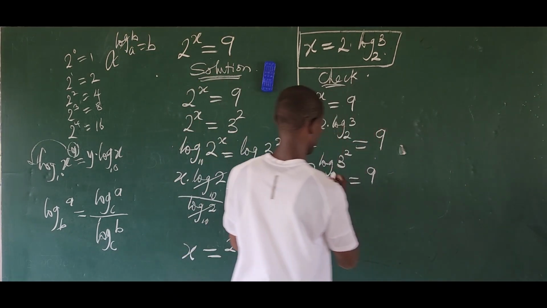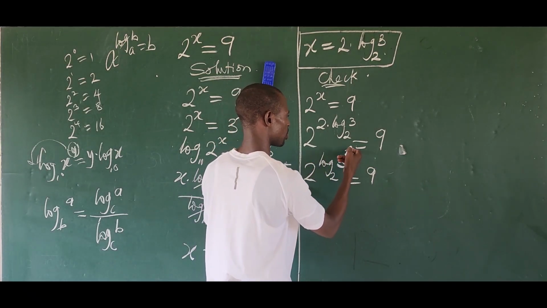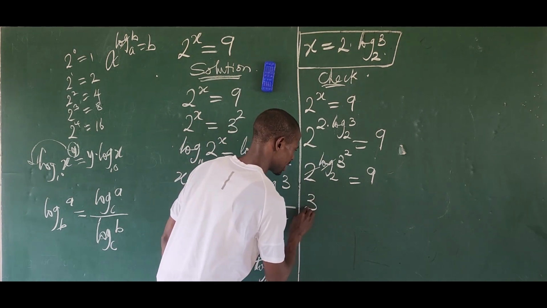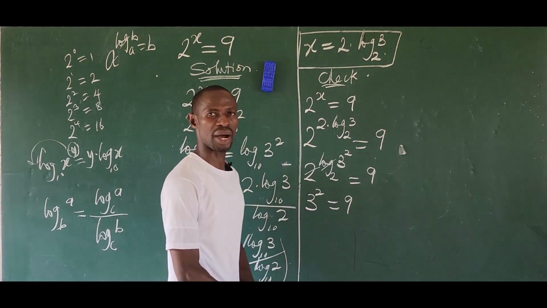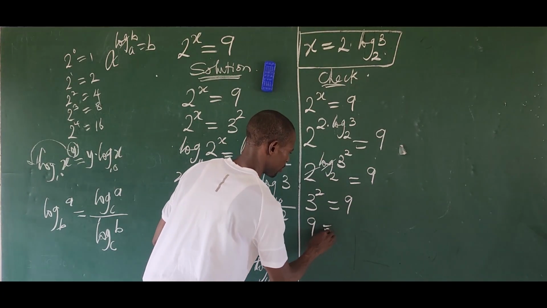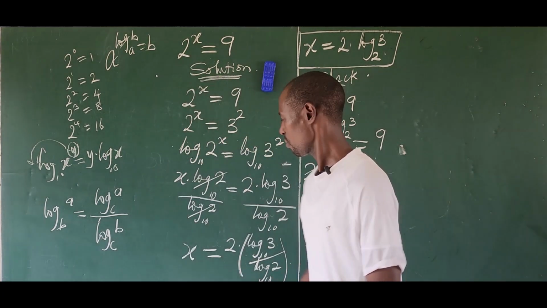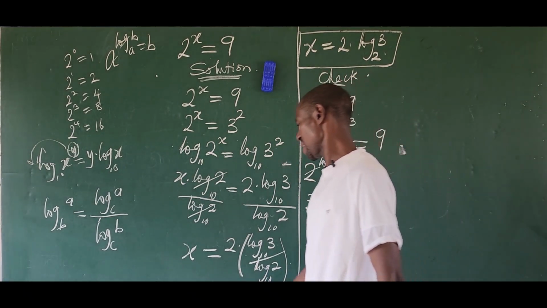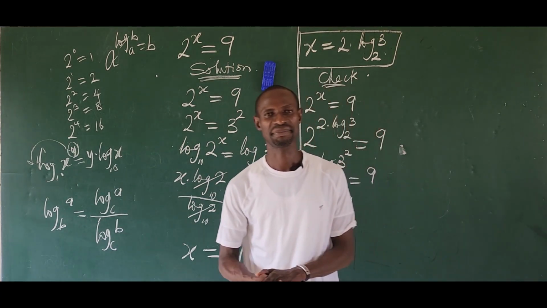So with this, look at here, we're having 2 to the power of log 3 to the power of 2 base 2. So this will leave. We are now left with 3 to the power of 2 is equal to 9. And what is 3 to the power of 2? That is 9 equal to 9. All right, so this shows that the answer which we got, x equal to 2 times log 3 base 2, actually satisfies the original equation.